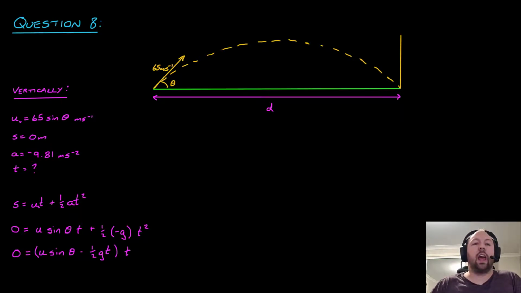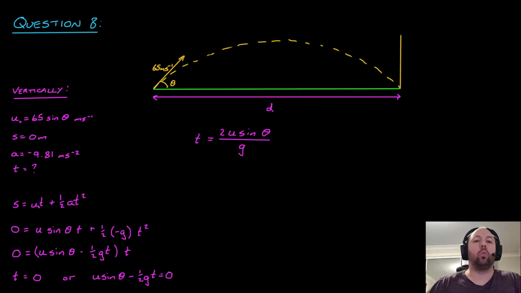If we factor out one of the t's, we get that 0 equals u sine theta minus half gt, all multiplied by t. Now we know that when we have two things that multiply to give 0, one of those two things must be 0 itself. So our two solutions are either that t equals 0, or that this first part, u sine theta minus half gt, equals 0.